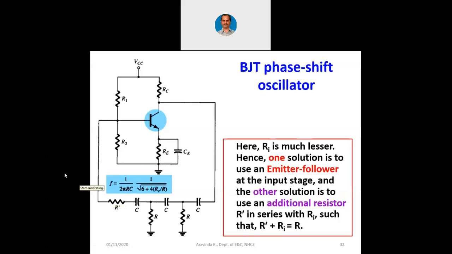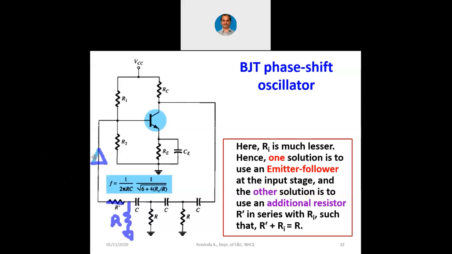What can be done in such a case is, this can be shorted and you can have the regular R here. But here there must be one more amplifier. There must be this emitter follower or a common collector amplifier.